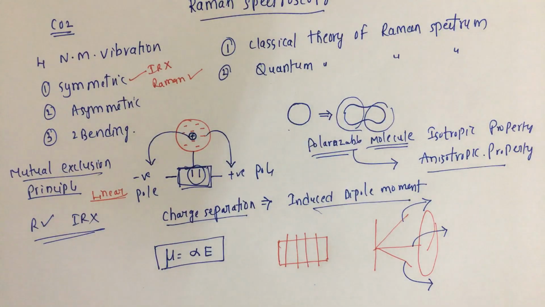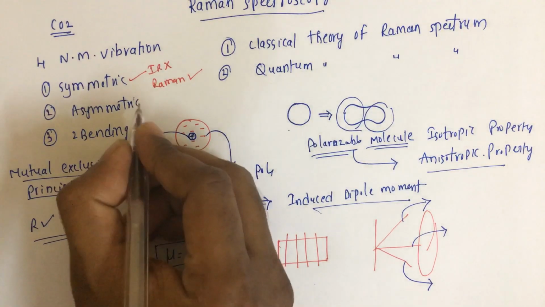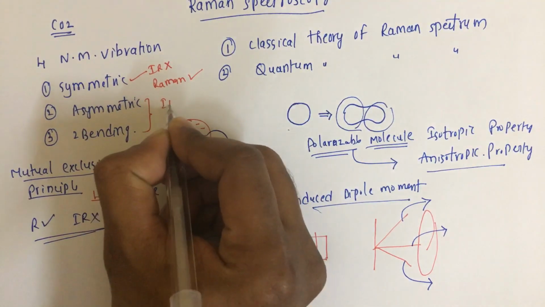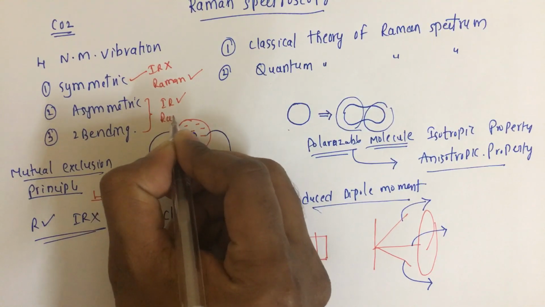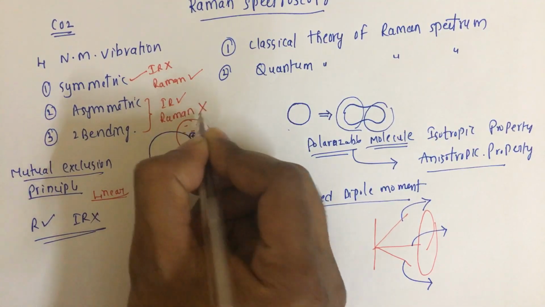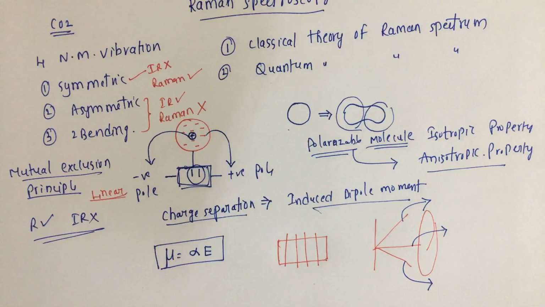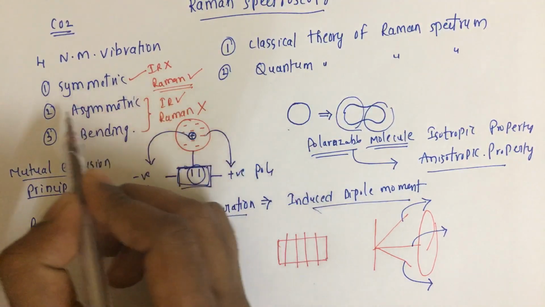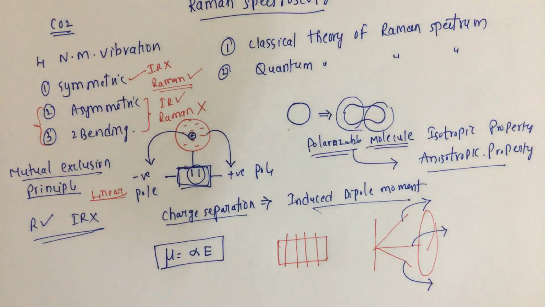So CO2 is linear, so this is not applicable for other things. Now these two are IR active but Raman inactive. Okay, so now I will explain why this is Raman active, why these are Raman inactive.